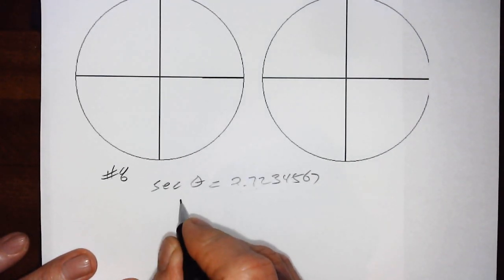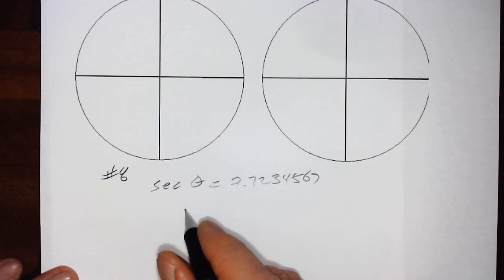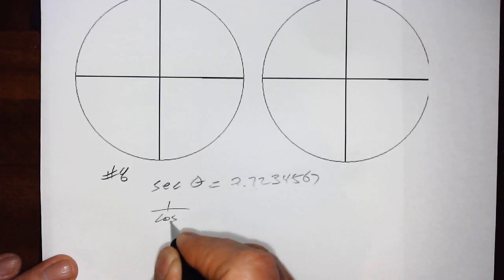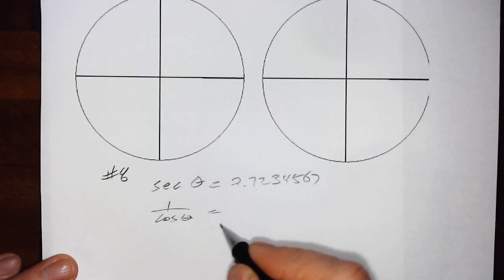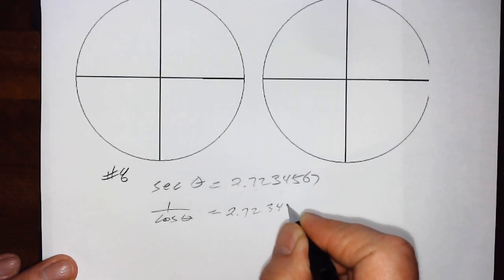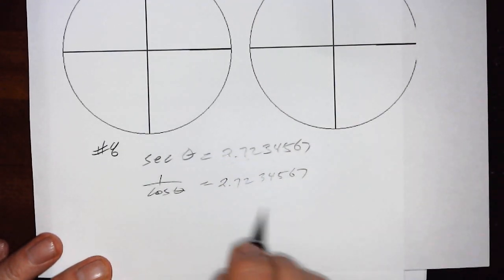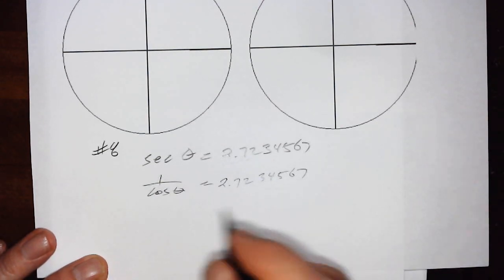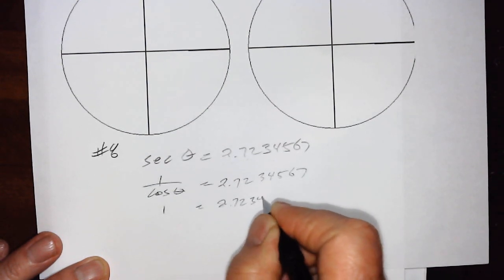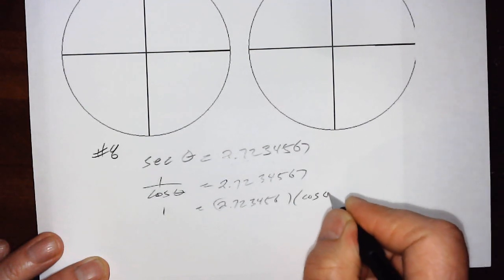Remember, the secant, the definition of it is 1 over the cosine. So really, they're telling us that 1 over the cosine is this number here. So let's multiply both sides by the cosine of theta. We have 1 equals 2.72 and so on, times the cosine of theta.